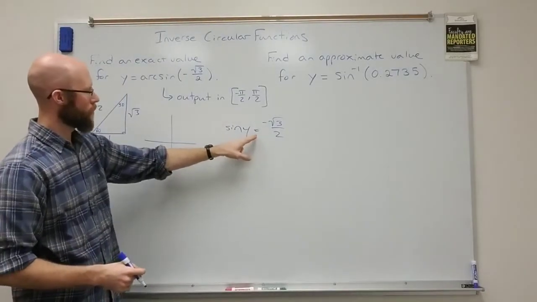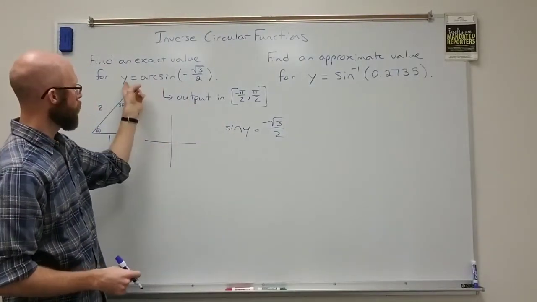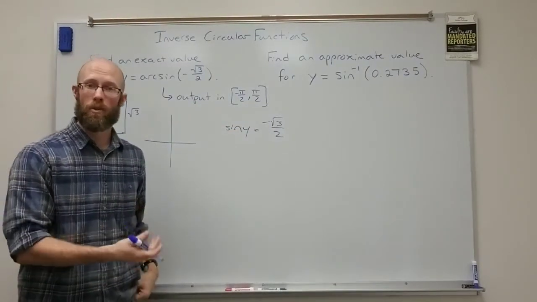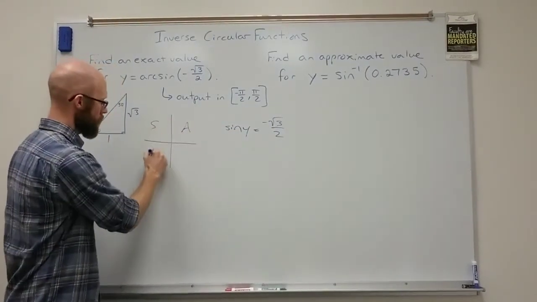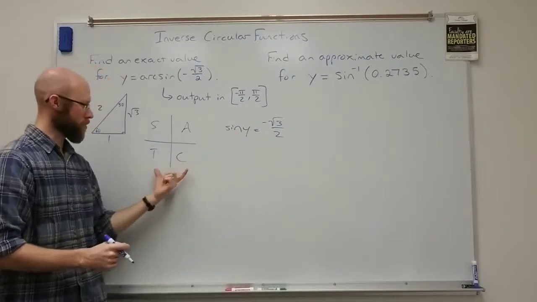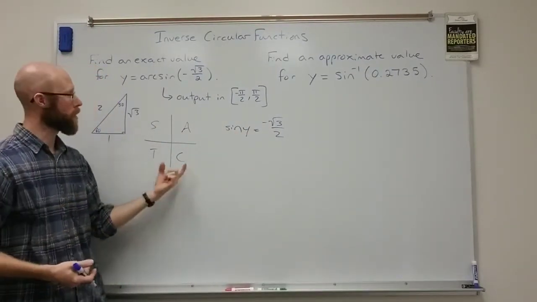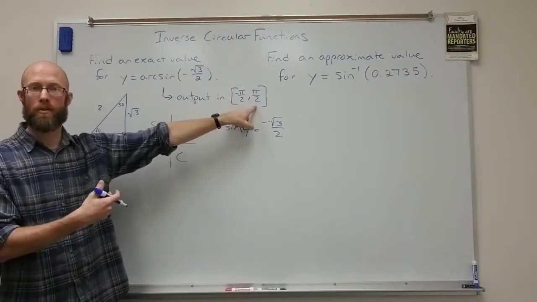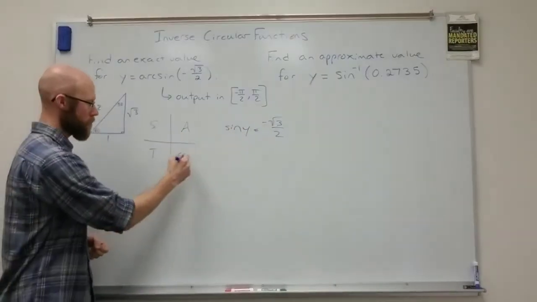And so the angle y is negative, in the fourth quadrant. ASTC. Well, negative signs are in the third and fourth quadrant, but in this interval, that'd be the fourth quadrant. Here's fourth and first. We want the overlap, so it's going to be the fourth quadrant.